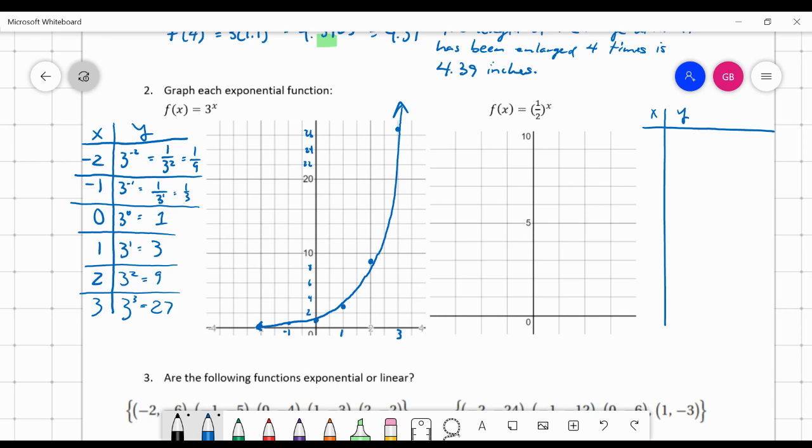Actually, let's go ahead and start with -3 since we have space. So 1/2 to the power of -3. Again, you go to decimals.com, use the calculator, type this in. This is going to give you +8. So -1, -2, -3, all the way up to 8.